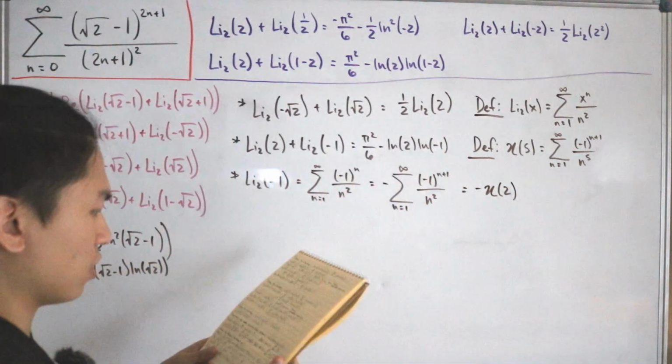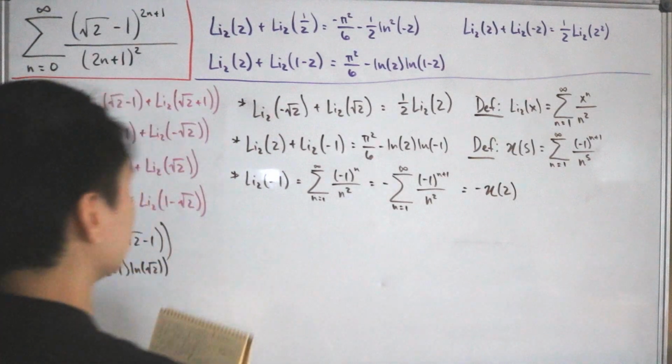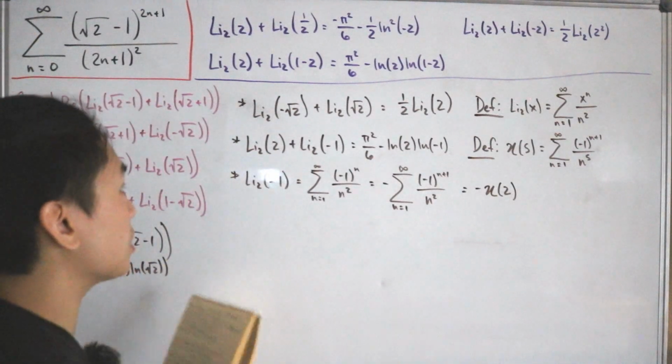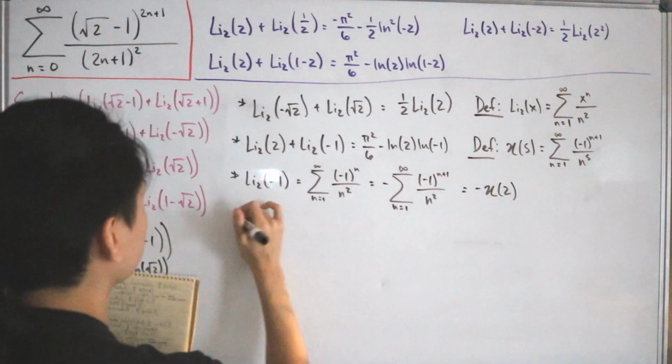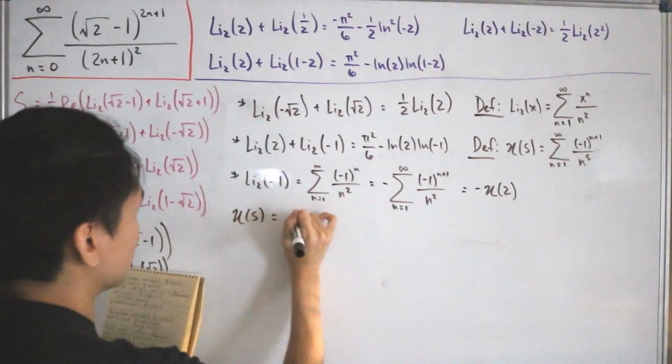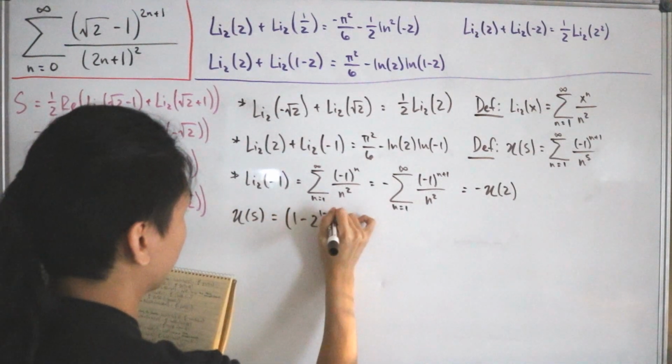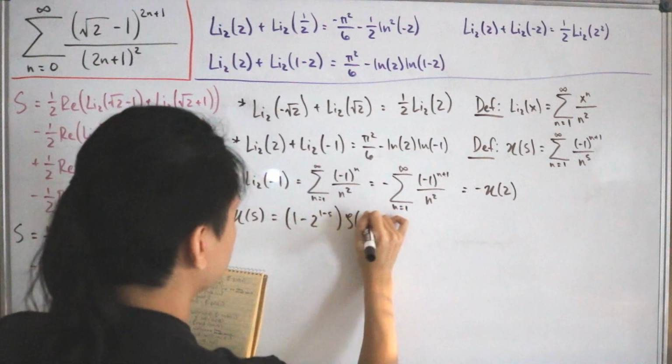Okay, to continue forward, we'll be using another equation, a functional equation that relates to the Riemann zeta function, which says that eta of s is equal to 1 subtract 2 to the power 1 minus s, multiplied by the Riemann zeta of s.